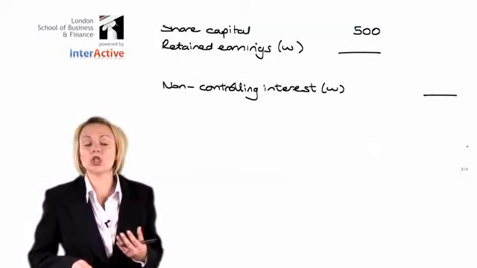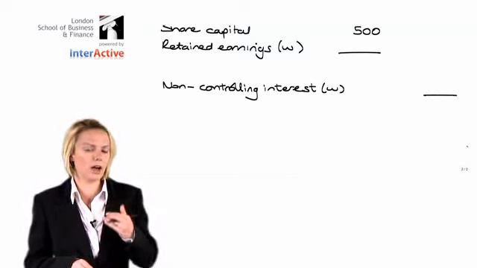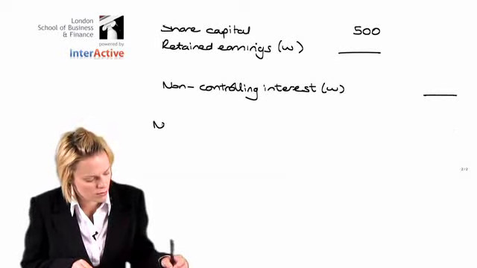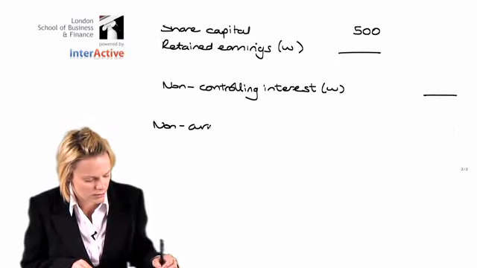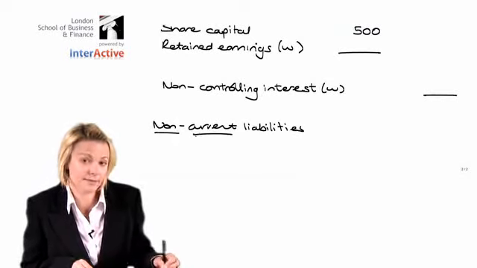Now we proceed to consolidate the non-current and current liabilities on a line-by-line basis. So, non-current liabilities is our next heading.